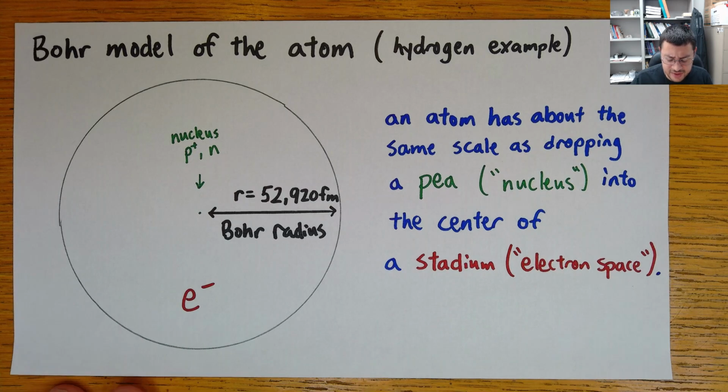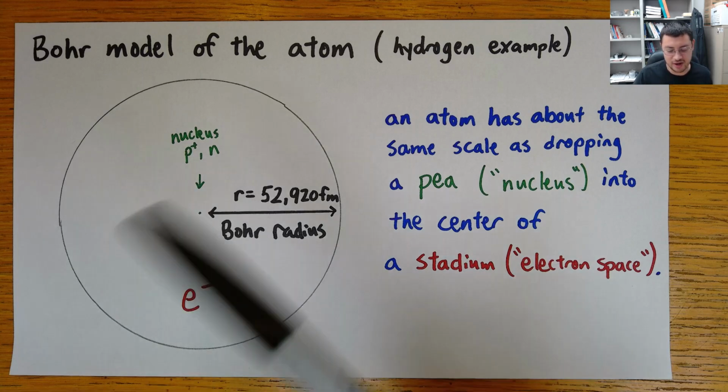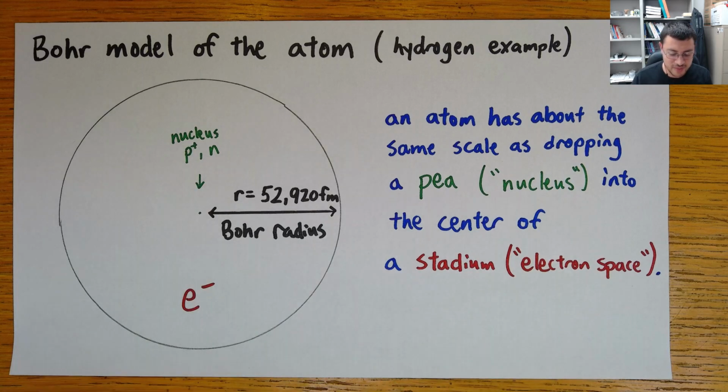The earliest descriptions of atoms were like planets in terms of how they're built. You have this nucleus, like a star, like the sun, and then you have planets going around your sun, right? And those planets could be electrons in our analogy. So that's kind of the Bohr model.